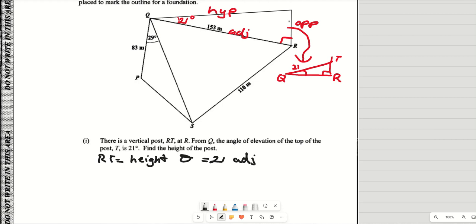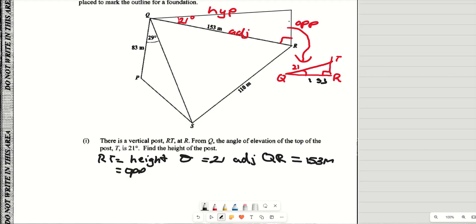Your adjacent is QR, which is also 153 meters. Because we have 90 degrees, let's just put it here, 153. The height is your opposite, they want the opposite.